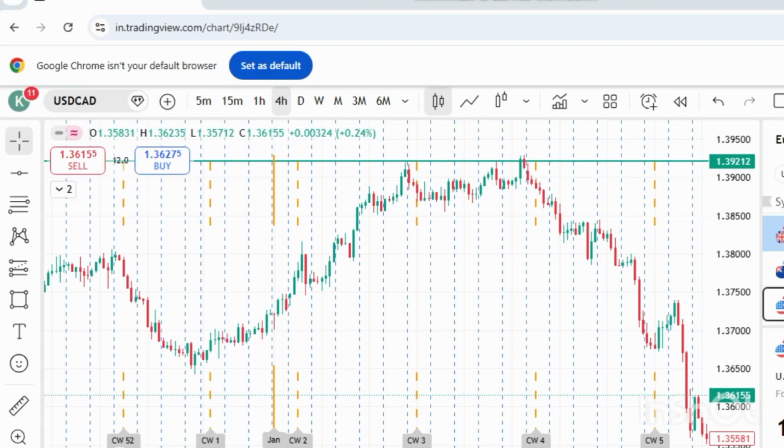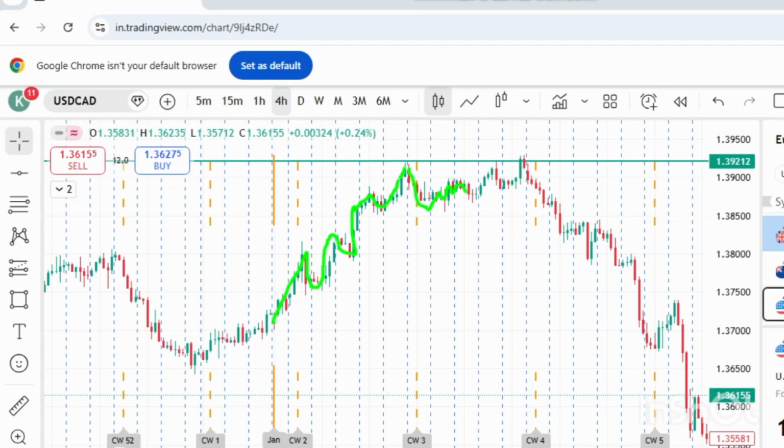So you're having a series of pump days, as you can see, and then the market closed. And this is the high of the week here. This was the high of our previous week. Then the next week opened, and then the market pulled back, of course, and then continued to go higher.